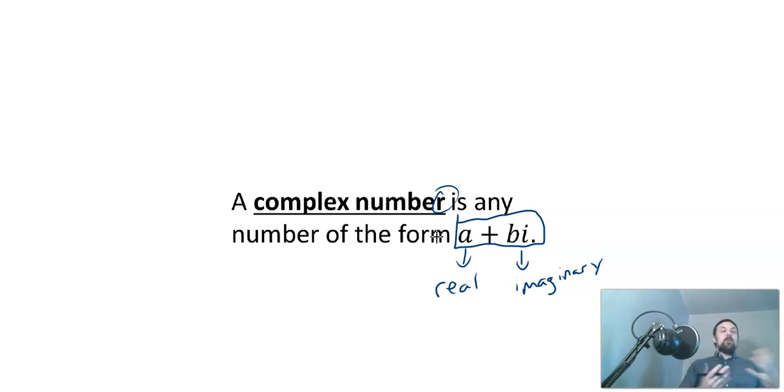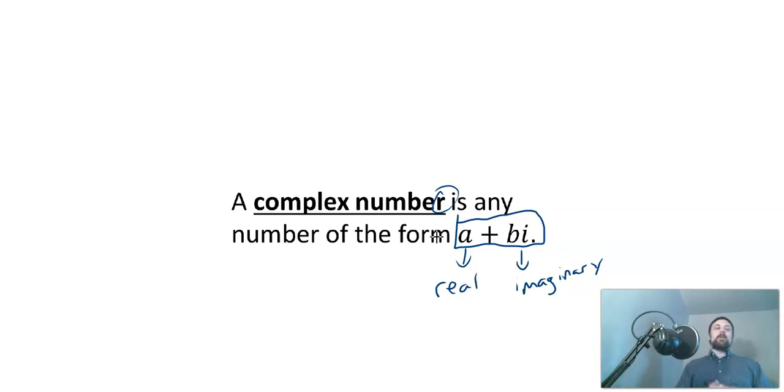Complex is a word like complex life, which means life that has multiple cells, right? Maybe, I'm not a biologist, so I don't know if that's the official definition, but I kind of think of the idea of a compound word. It's a single word, but it's made up of multiple smaller words.